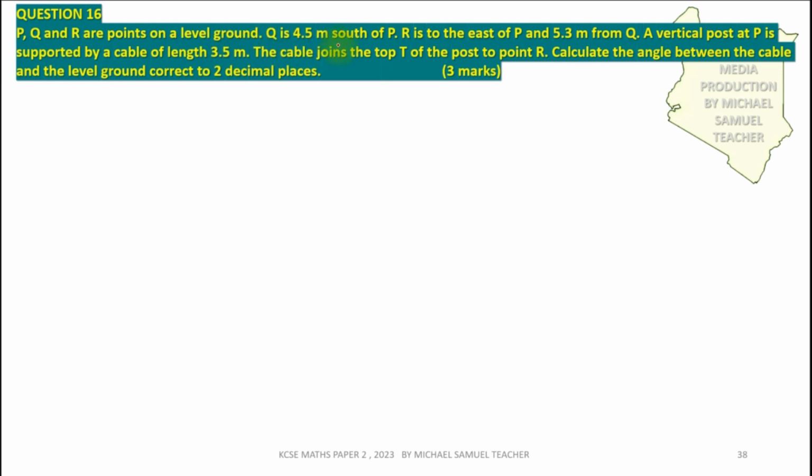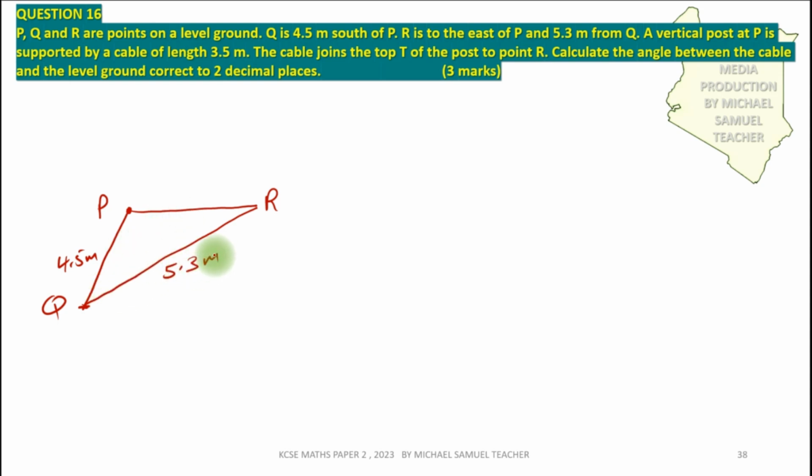Q is 4.5 meters south of P. So if you start with the point P, Q is 4.5 meters south, and then R is to the east of P, and it is 5.3 meters from Q.